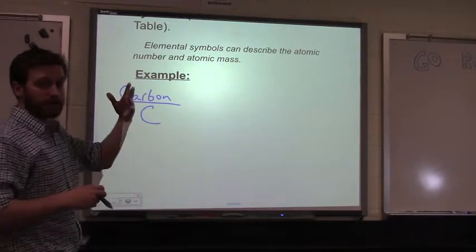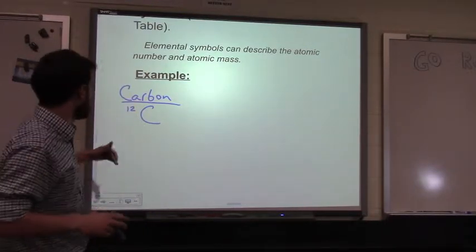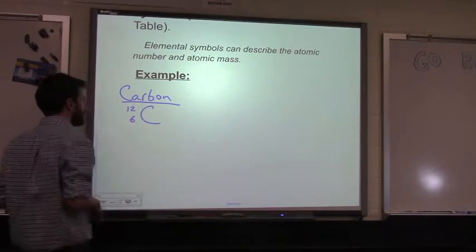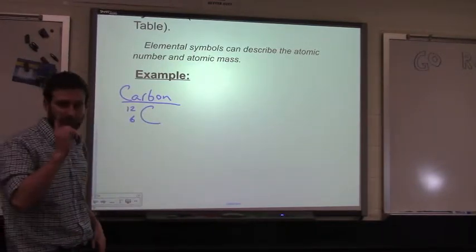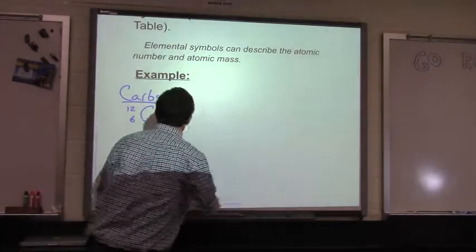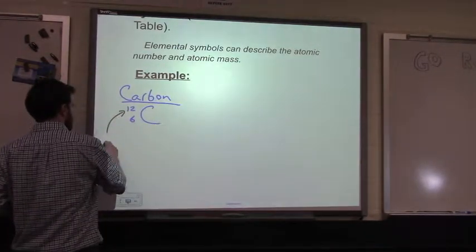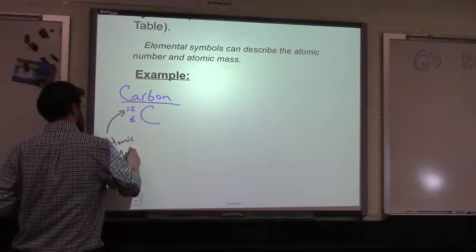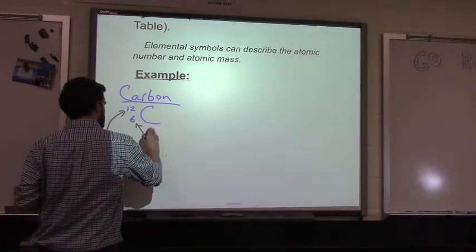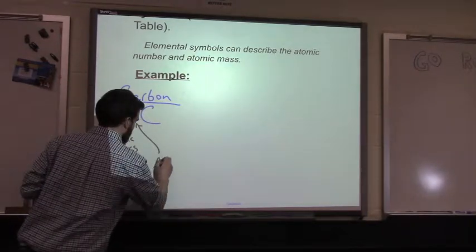The atomic mass goes on the top. And then on the bottom, I would write 6. So it kind of looks like a fraction. Don't draw a division sign. And keep in mind that the top number is atomic mass. The bottom number is atomic number.